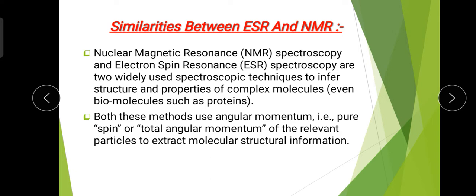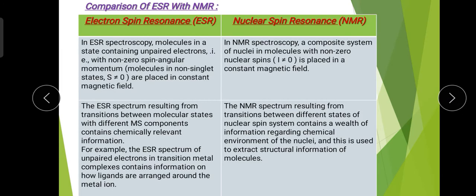So these all are the similarities between ESR and NMR, but there are many differences between the NMR and ESR techniques. So, the comparison of ESR with NMR. In the first column there is electron spin resonance, that is ESR spectroscopy, and in the second column nuclear magnetic resonance spectroscopy, that is NMR.